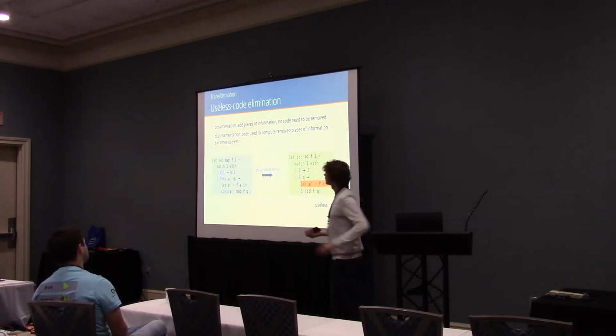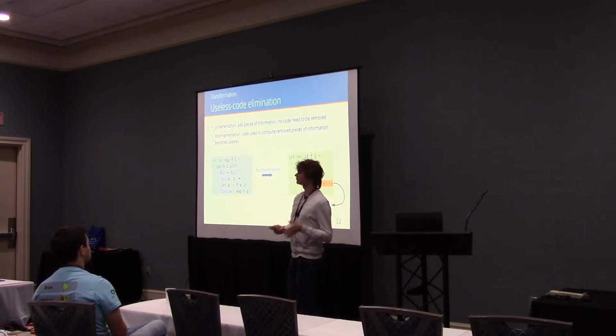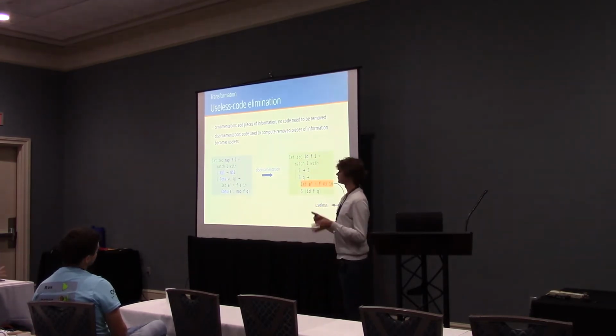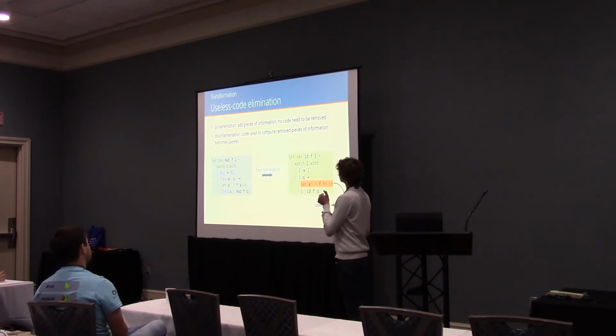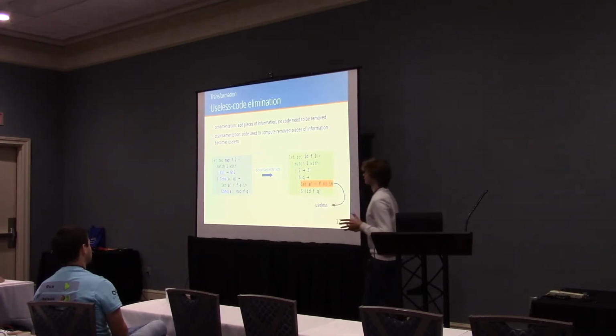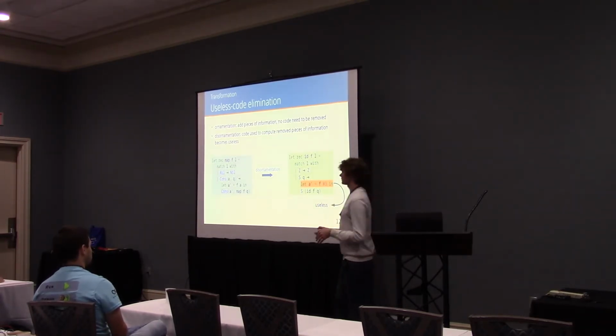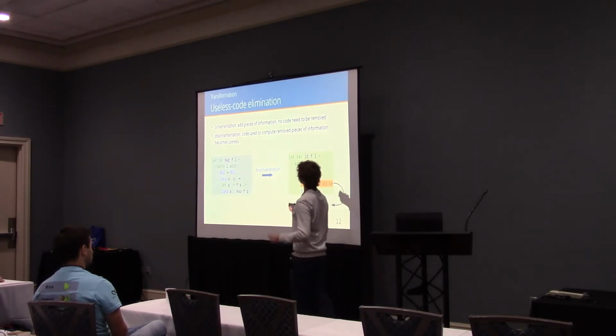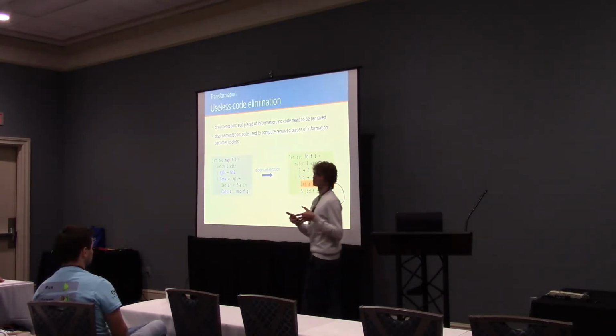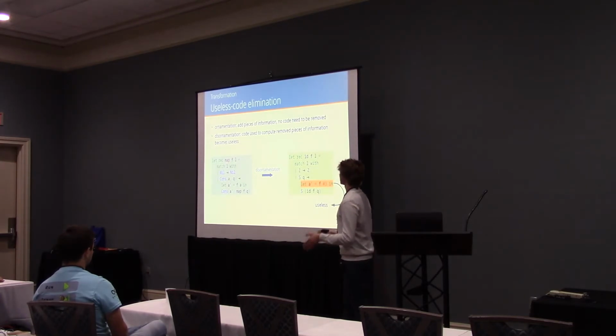Indeed, for ornamentation, we only added pieces of information to the data type, and so no code needs to be removed. But for disornamentation, we remove pieces of information from the data type. So the code used to compute this removed piece of information becomes useless.